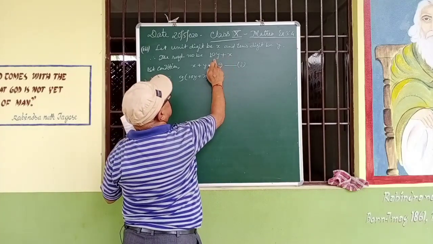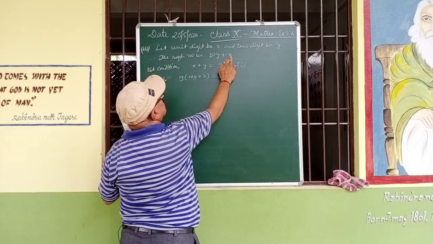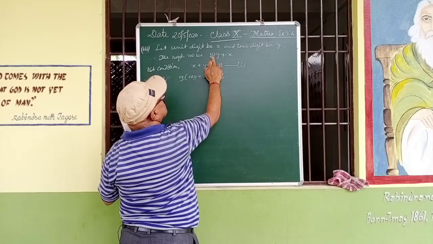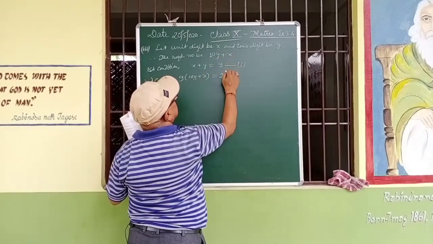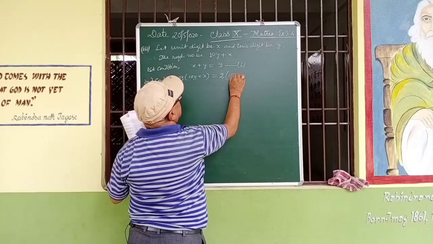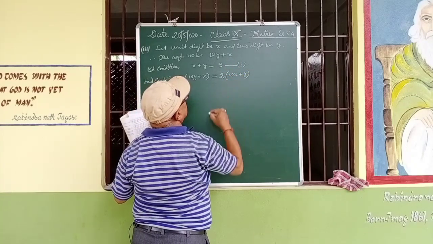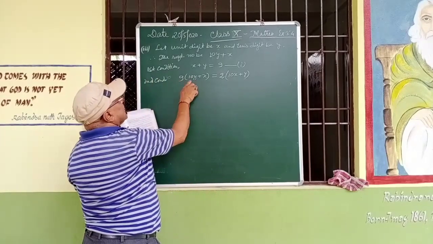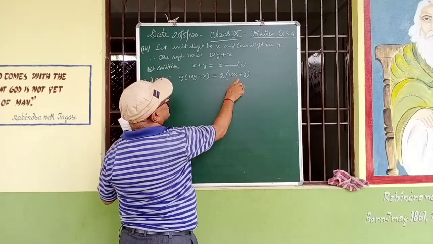So the unit digit will come to the tens place and the tens digit will come to the unit place. So 10x plus y, this 9 times is equal to 2 times of this number.